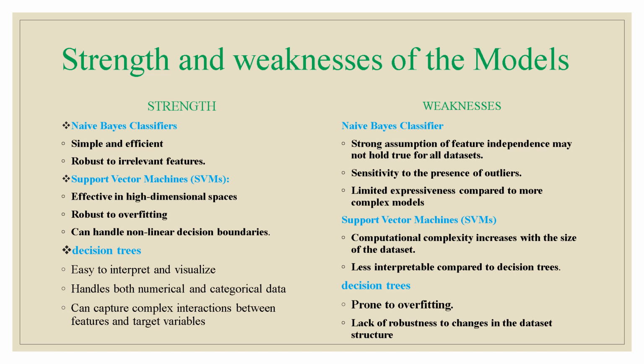It is complex in terms of computing. Let's say if a dataset is huge, big or large, it may become difficult for the programmer to compute the results. And then it's less interpretable compared to the decision trees.